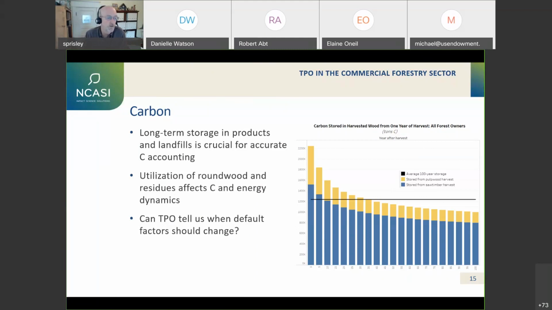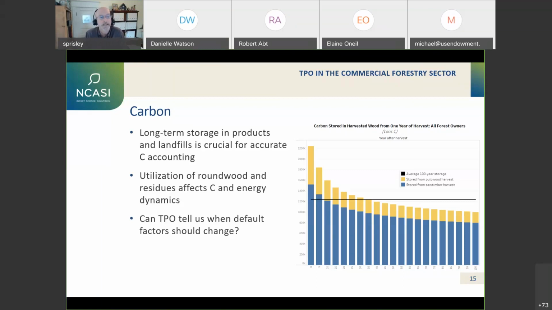The blue bars are saw timber and the yellow bars are pulpwood products, and that black bar is the average storage over 100 years. So a change in your product mix is going to change this long-term storage possibly dramatically.